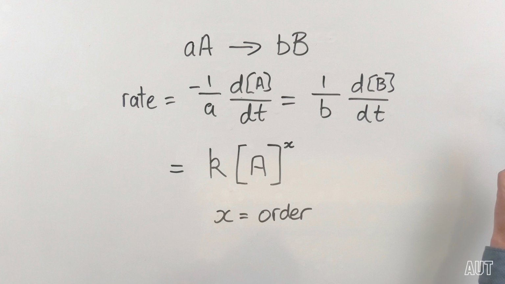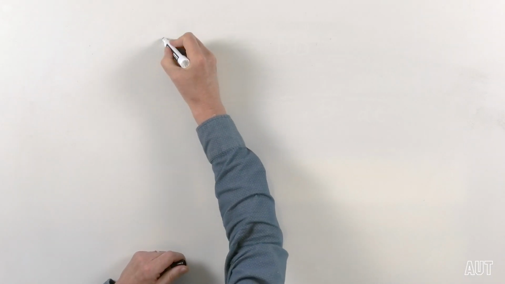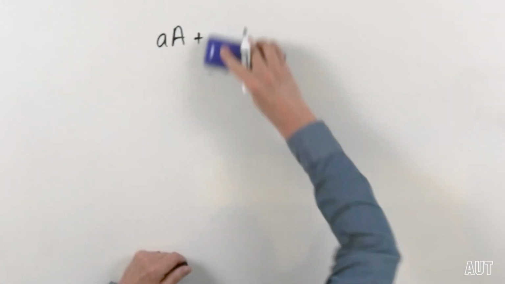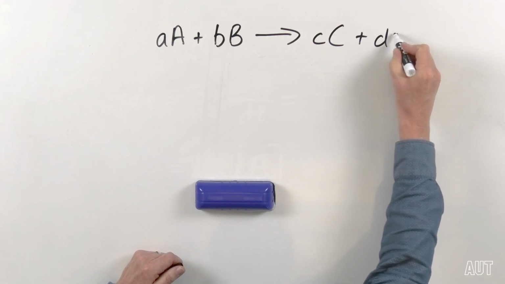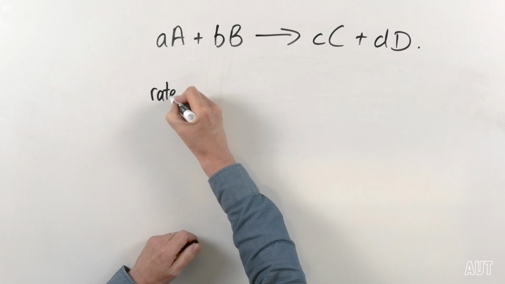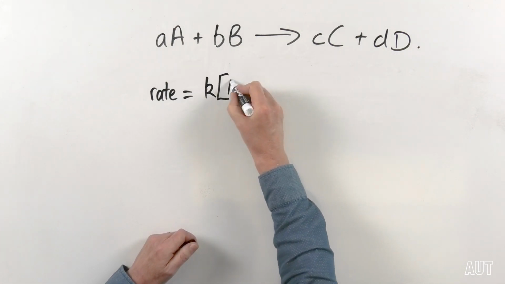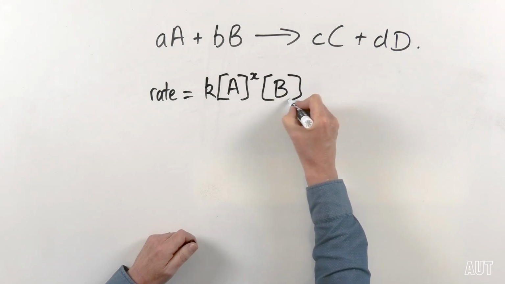So let's go more general still. Say we've got a chemical reaction of A and B: a moles of A plus b moles of B, giving c moles of C plus d moles of D. We're going to say that the rate of that reaction is equal to some constant k multiplied by the concentration of A to the power of x multiplied by the concentration of B to the power of y.